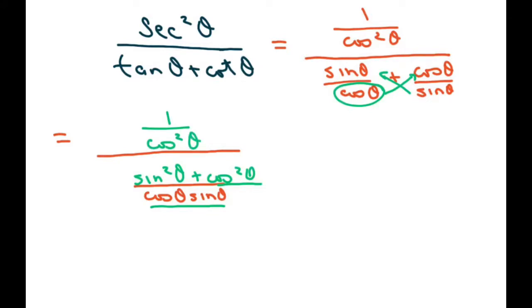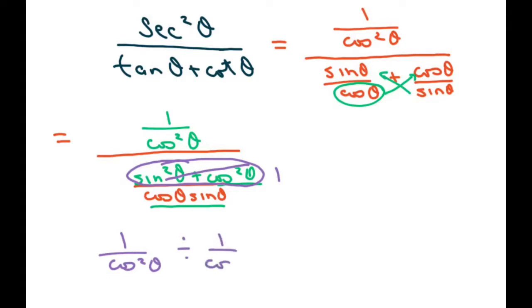Okay, so again, sine squared plus cosine squared equals 1, and so basically we have 1 over cosine squared divided by 1 over cosine times sine.